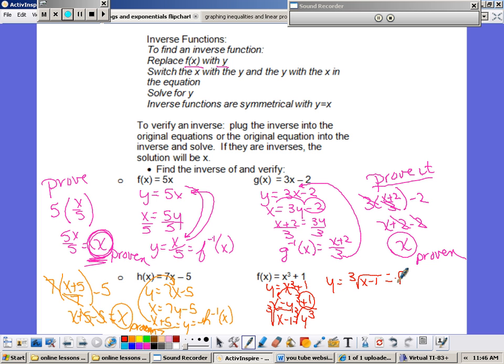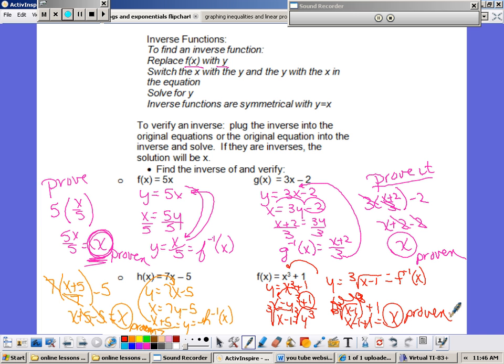That equals the inverse of f. Prove it. Third root of x minus 1, plug it in here, cubed plus 1. Wipes it out. x minus 1 plus 1. Gone, gone. x. Proven.